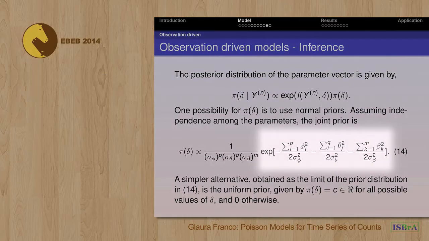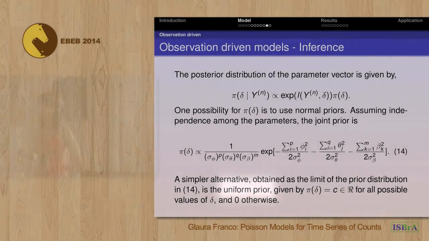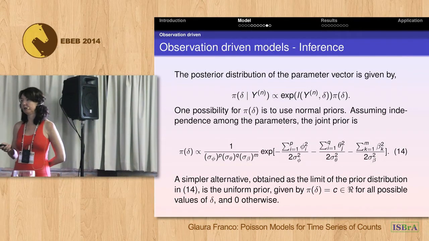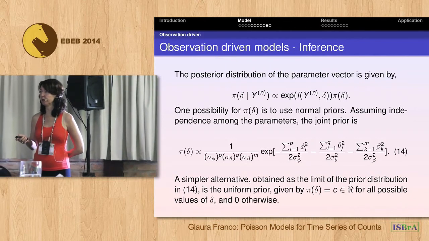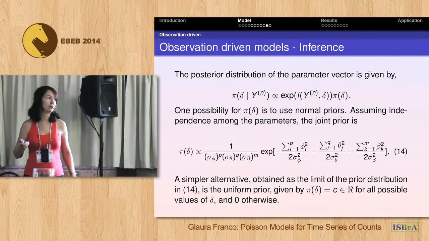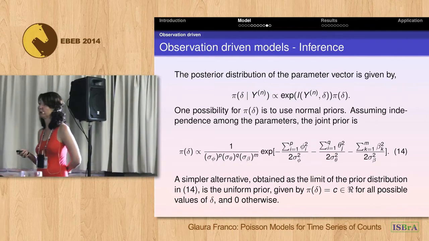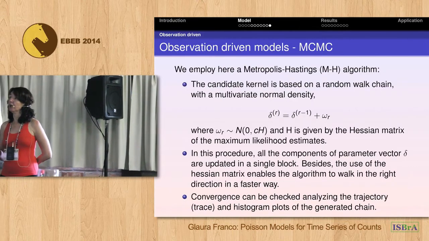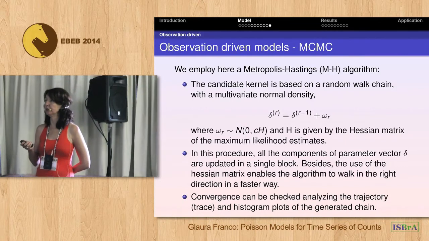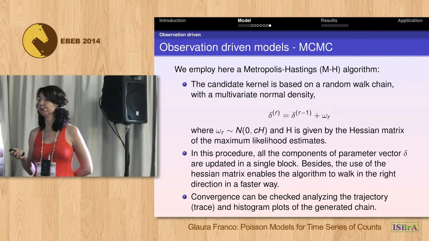And if they are independent, we can write it like this, or we can just use uniform priors with some restrictions, because these parameters here are supposed to be between -1 and 1 for stationarity and invertibility of the process. So we apply the Metropolis-Hastings algorithm here.